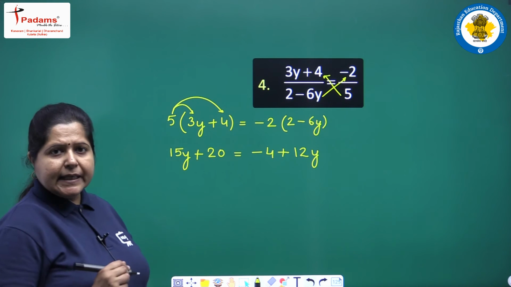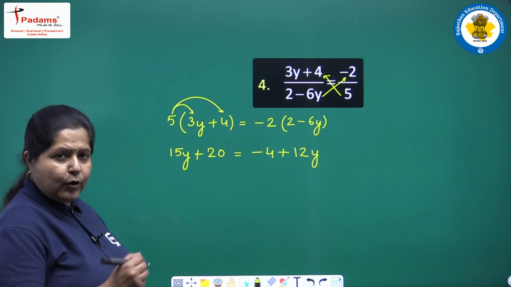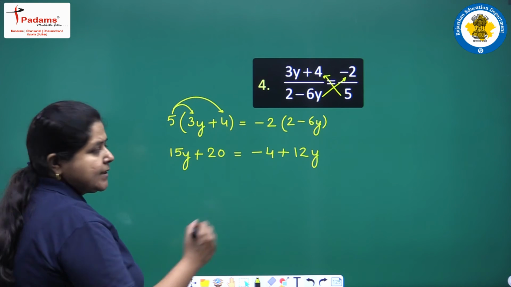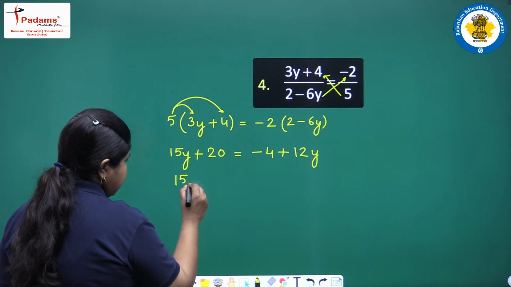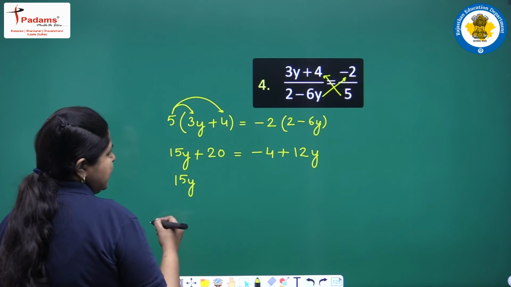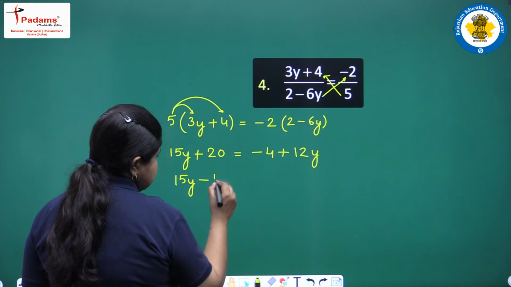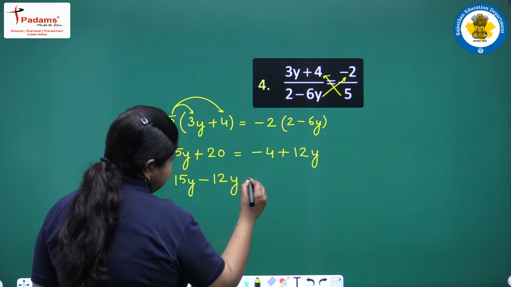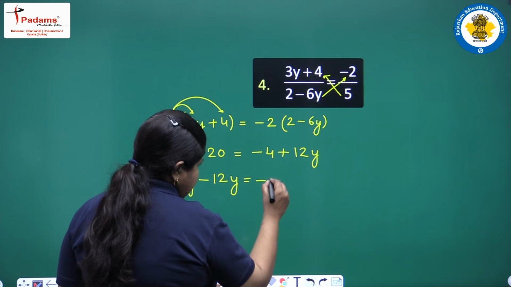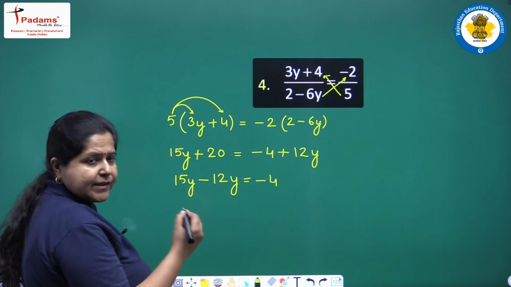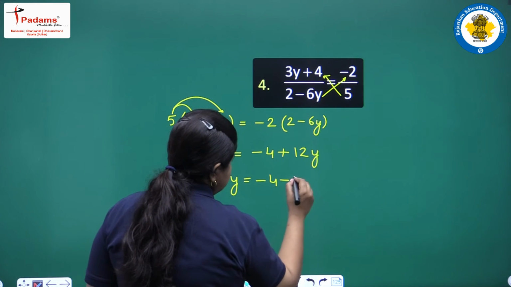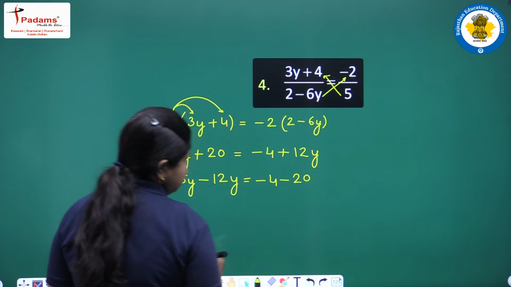Once again we will keep the terms with the variable y on one side and the constants to the other side. 15y is already in LHS. Bring this 12y here. It will become -12y. In RHS we have -4 and this 20 on being transposed will become -20.